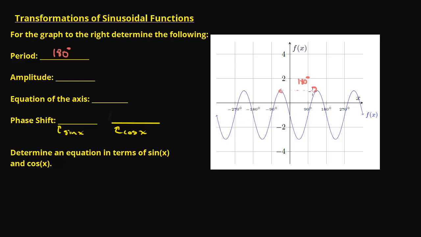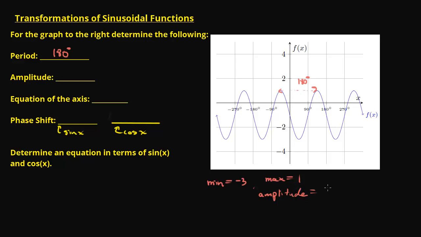Next, we have to figure out what the amplitude is. The amplitude is the distance from the equation of the axis to the maximum. Here the minimum is equal to -3, and the maximum is equal to +1. So the amplitude should just be half the distance between the max and the min.